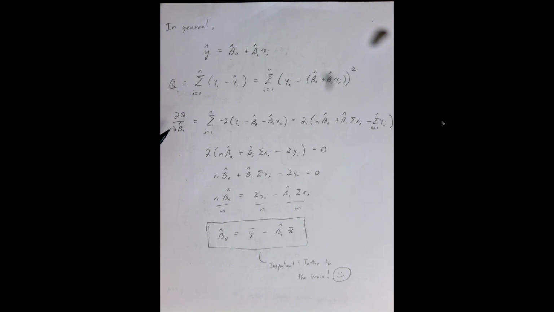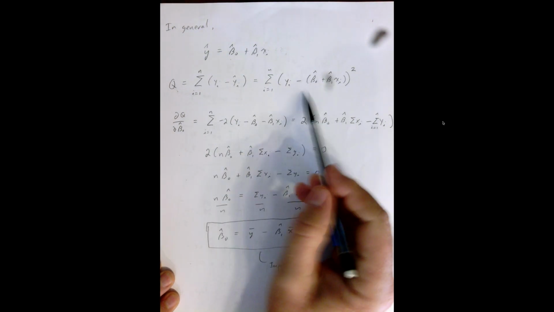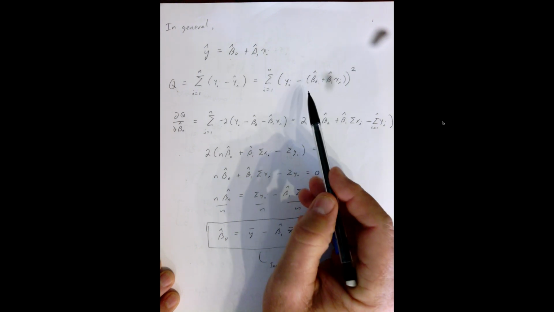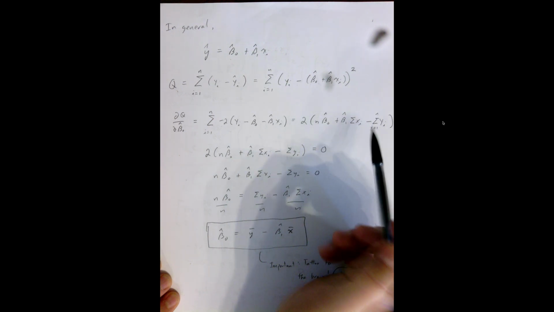In taking the partial, you'll see that we used the chain rule. The -2 comes from the fact that as we distribute this negative, the negative b0, the inside derivative will be -1. And just do some expanding.